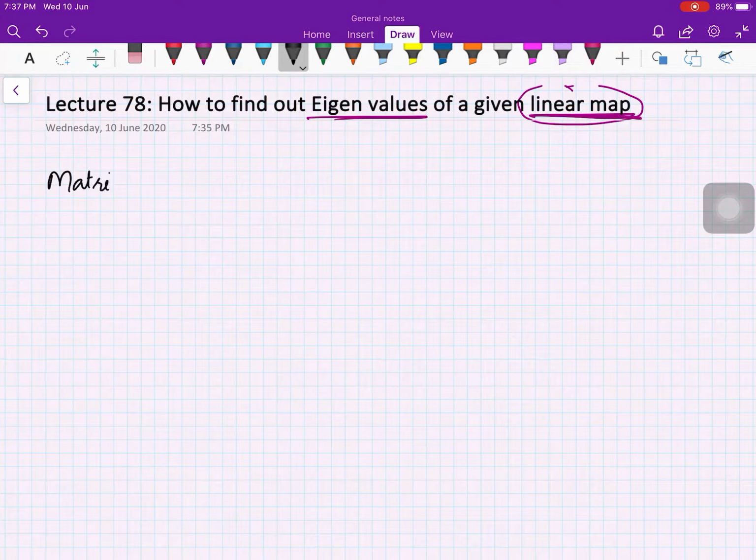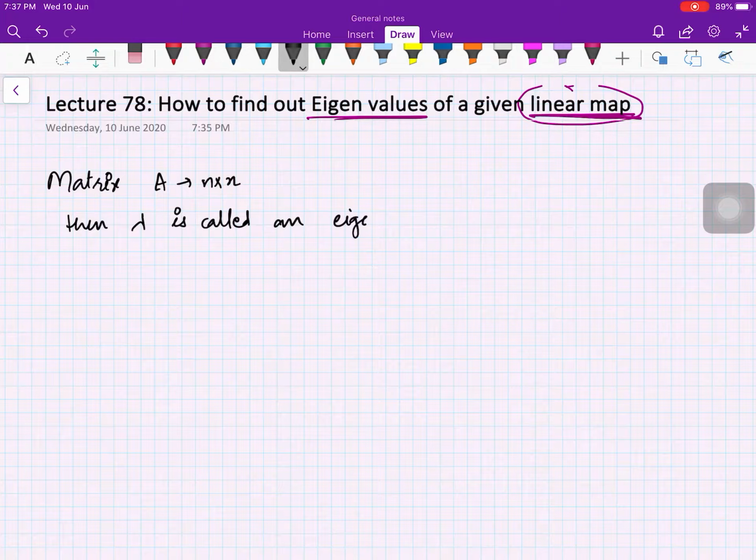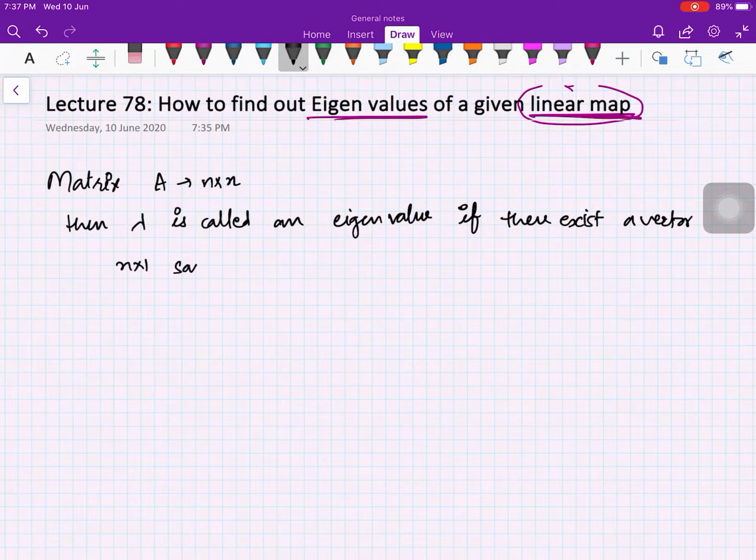Given a matrix A of size n cross n, lambda is called an eigenvalue if there exists an n cross 1 vector x, not equal to 0, this is important, such that Ax is equal to lambda times x. It means that if you multiply the vector with the matrix, you get a multiple of that vector back.